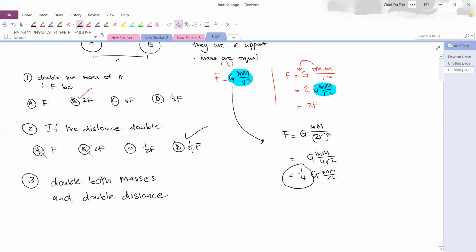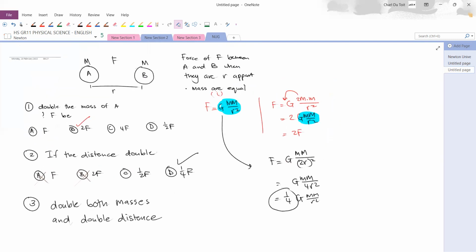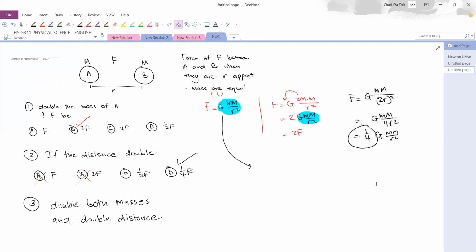We're going to double both the masses of the two objects, and we're going to double the distance. See what the right answer is. I'm not going to give you options. I just want you to work it out.